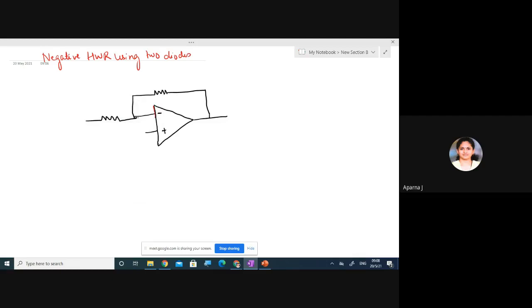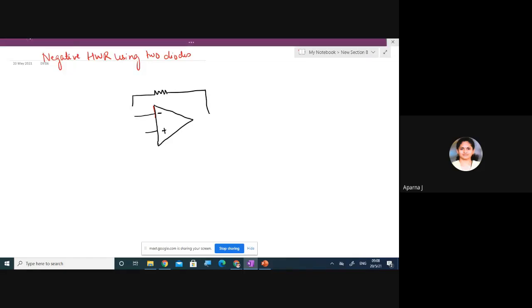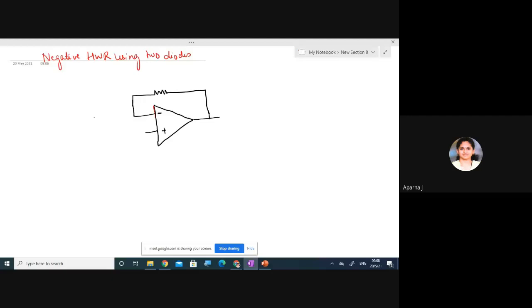Okay, this is an inverting amplifier circuit, which has R1 and RF, and to this you are connecting an input.